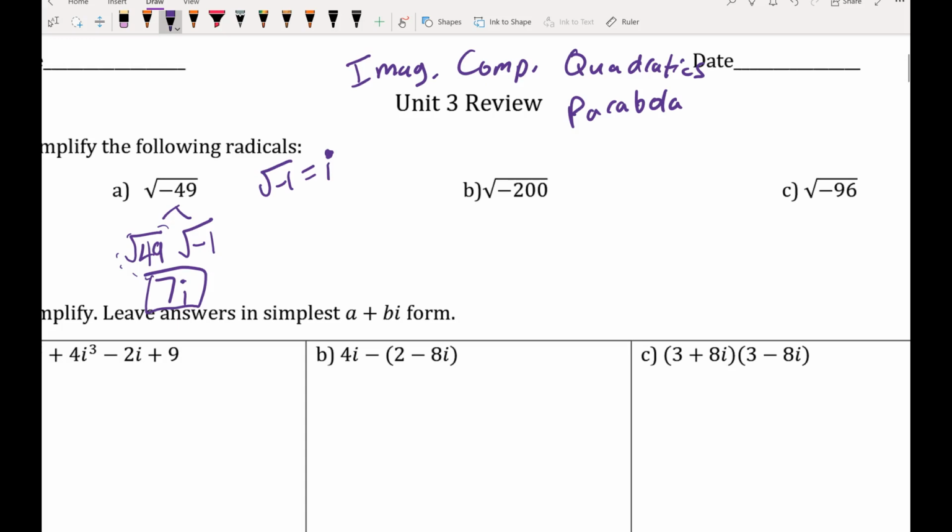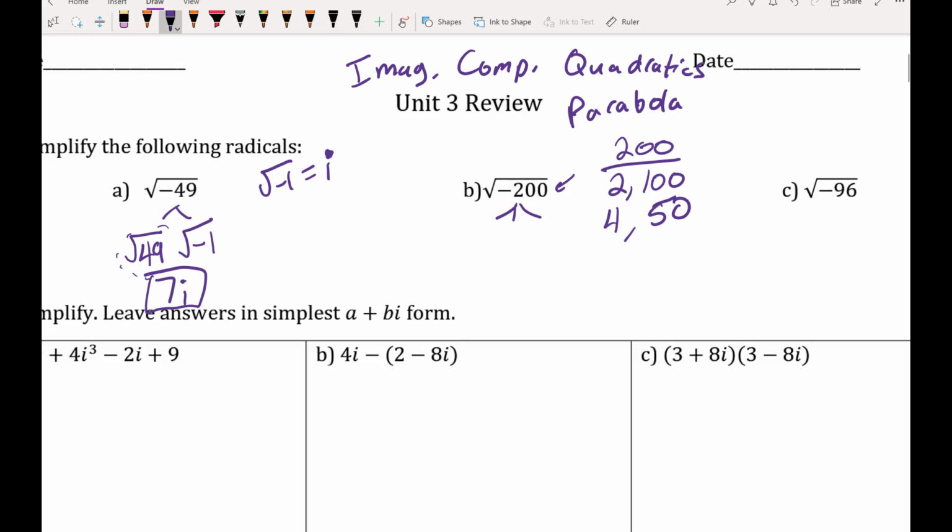For part B, we can do the same thing, but notice that 200 isn't a perfect square yet. If I'm thinking about factors of 200, I know 2 goes into it 100 times. I know 4 goes into it 50 times.